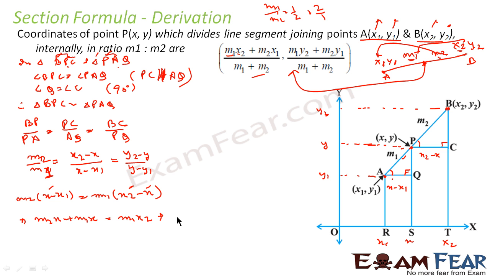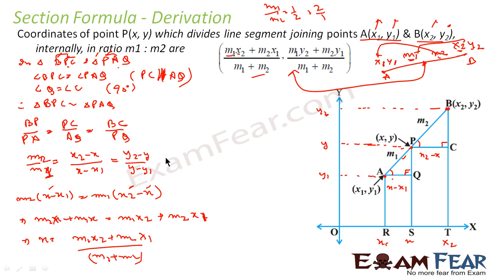So you get x is equal to m1x2 plus m2x1 by m1 plus m2. Why? Because if you take x common in this, you get m1 plus m2. So this is the value of x.